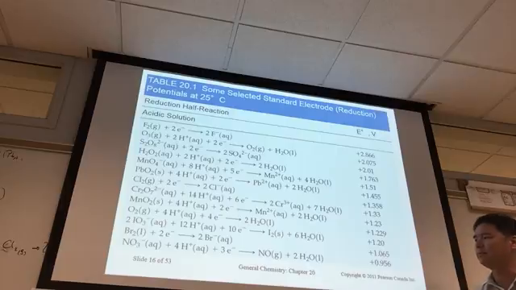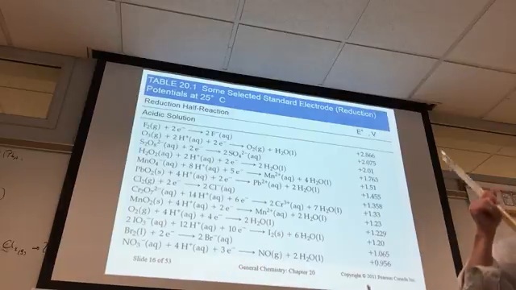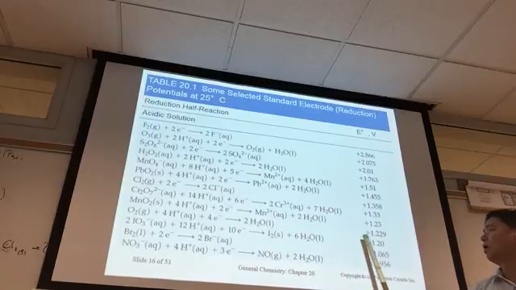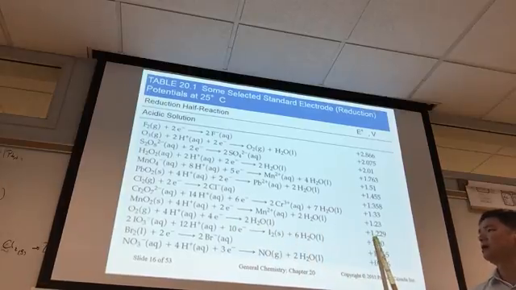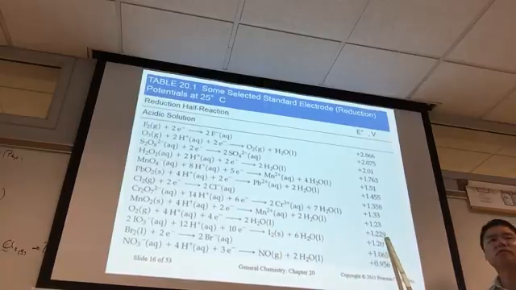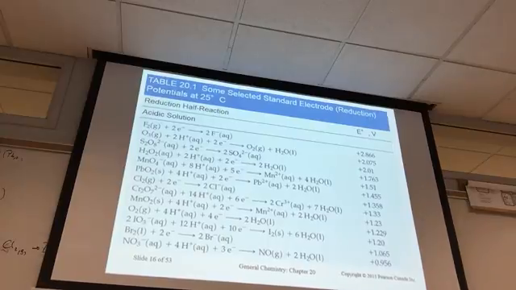It's a powerful base. In fact, they use hydroxide, they call it lye, to clean drains. But anyway, going back to this, it forms water. Water is a heck of a lot more stable, so you see that in the reduction potential. The reduction potential is plus 1.229 volts, much higher.